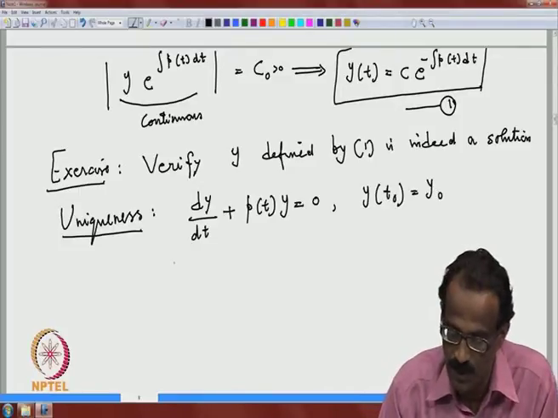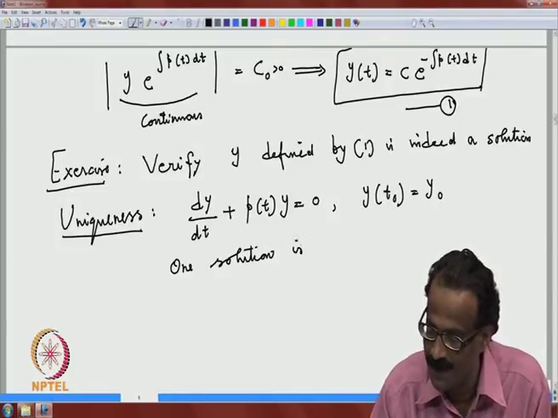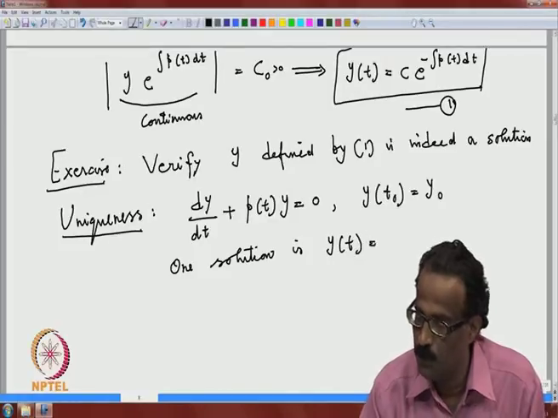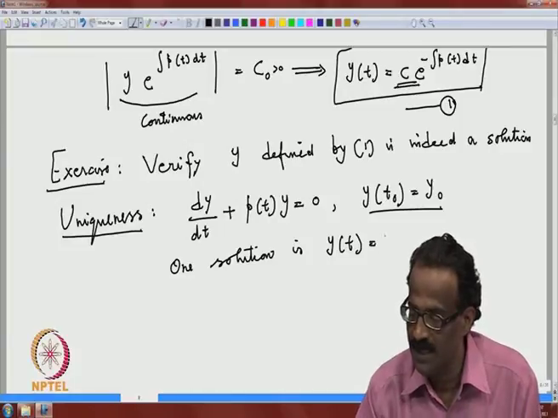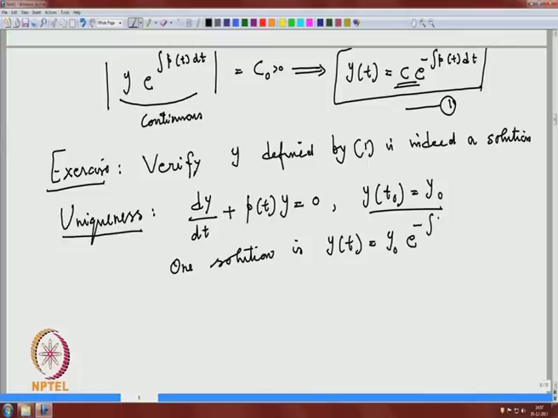So, one solution is y(t) equal to, if you put y(t naught) equal to y naught, from here you get c equal to y naught, so y naught times e power minus integral of p(t) dt. I want to show the uniqueness.